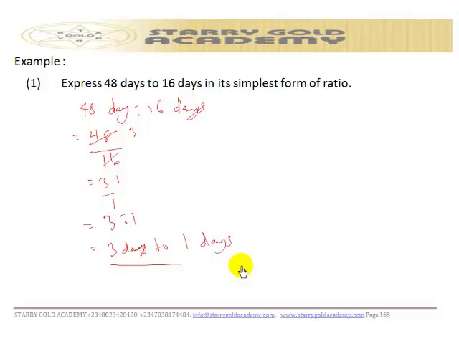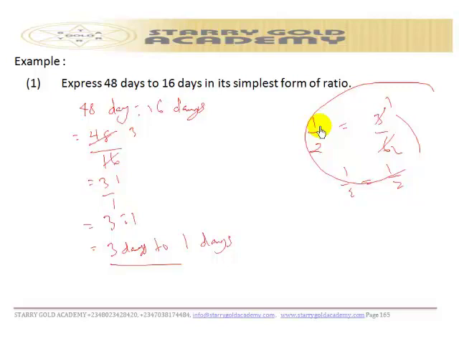For example, 1 over 2 is the same thing as 3 over 6, because all of them are talking of half. 3 here 1, 3 here 2. So 1 over 2 is the same thing as 3 over 6. Now, what we just did there, we expressed 48 days to 16 days in the simplest form of ratio. So they have the same quantity, same value. 48 days to 16 days can also be called 3 days to 1 day.